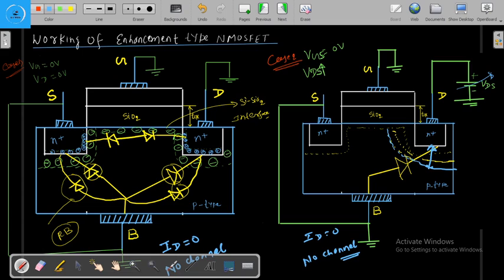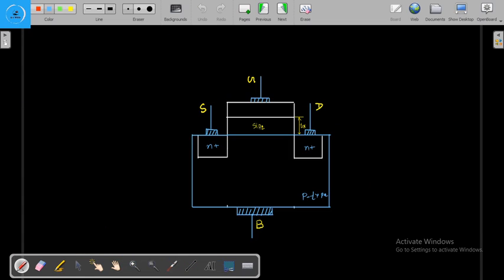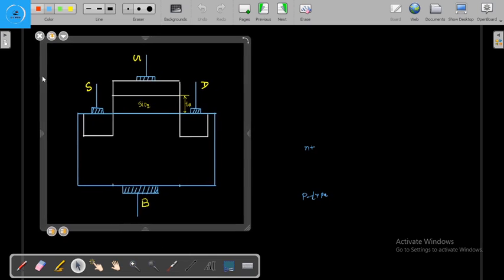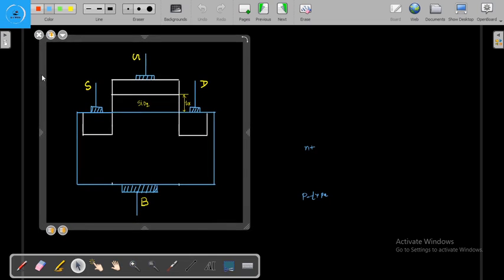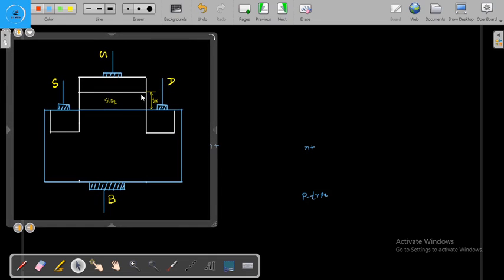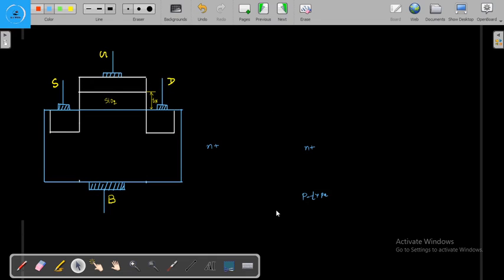Now we have covered the two cases. Now let's go to our third case. Let me erase this and we will write there.